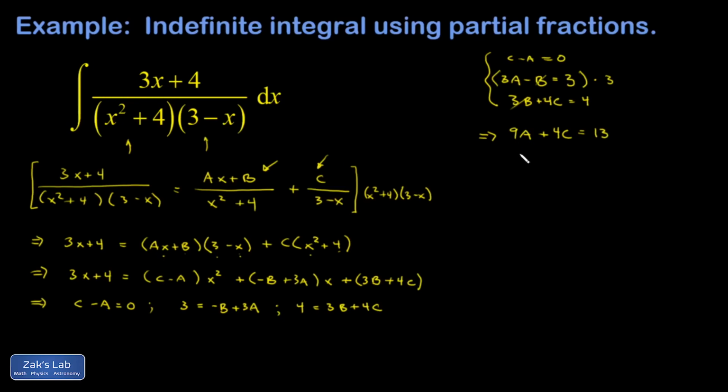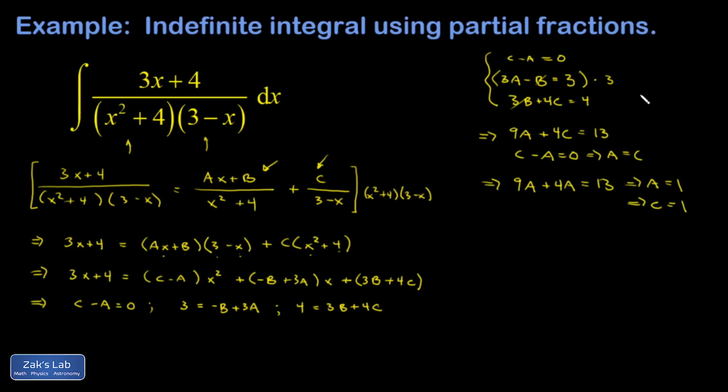I then combine this with the first equation. If c minus a is 0, that means a equals c, so I can make a substitution up here. I get 9a plus 4a, since a is equal to c, is equal to 13. That's 13a equals 13, which means a is equal to 1. That also means c is equal to 1 since a is equal to c.